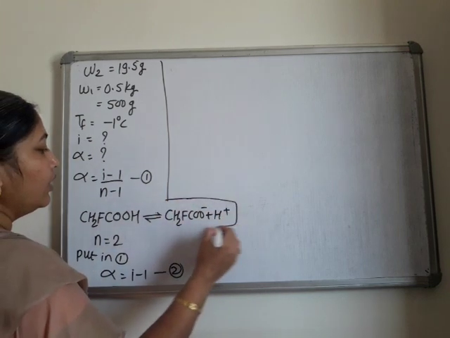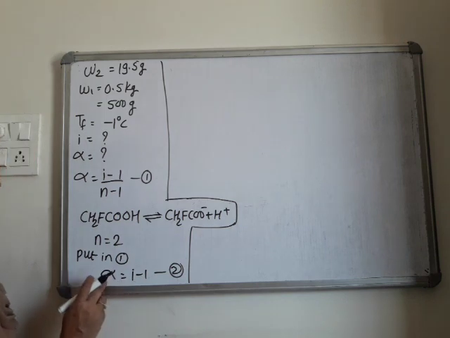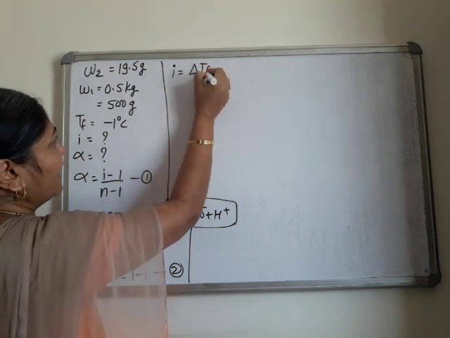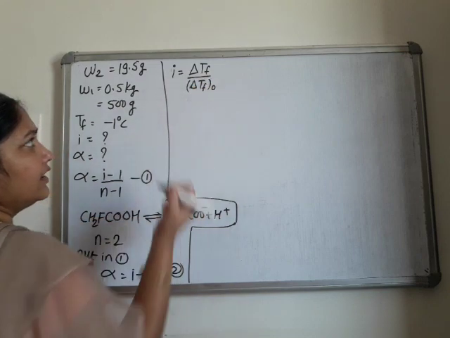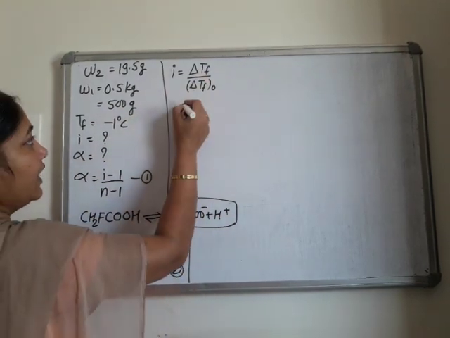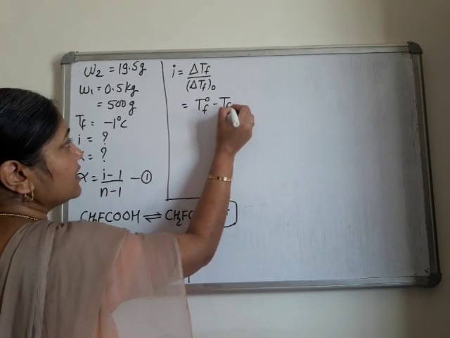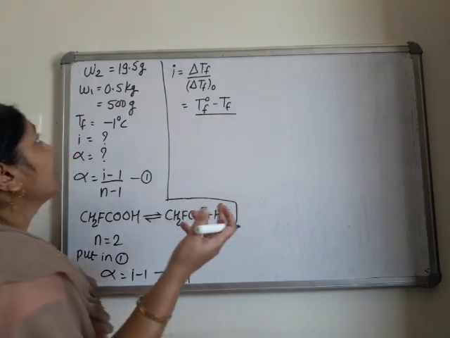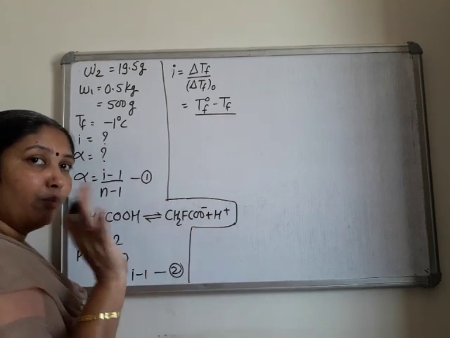Okay, now let us find the molar mass of that solute. Alpha is i minus 1, so we have to find i. What is i? i is delta Tf upon delta Tf standard. What is delta Tf? Delta Tf is Tf0 minus Tf, upon delta T. See, Kf they have not given here, but the solvent used is water, so we know Kf is 1.86.